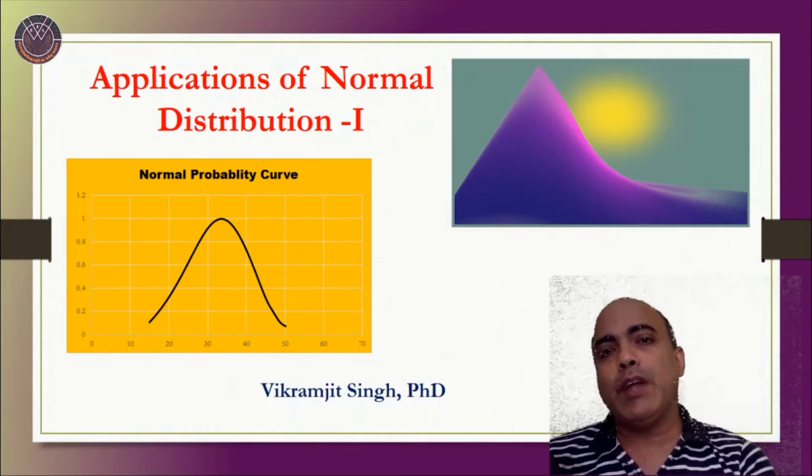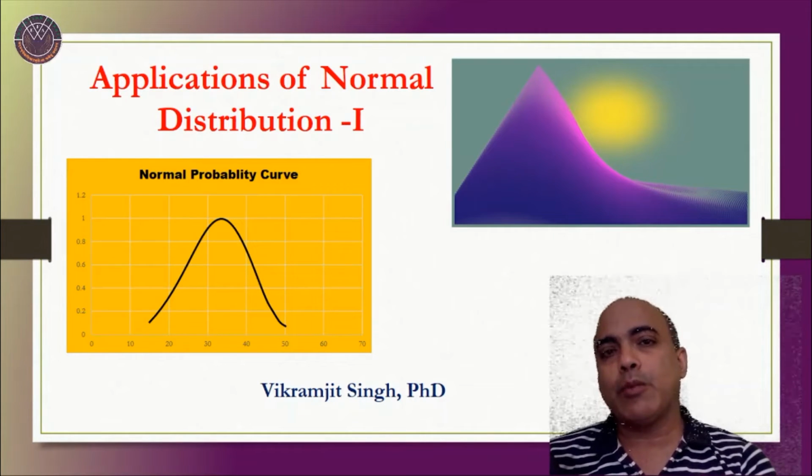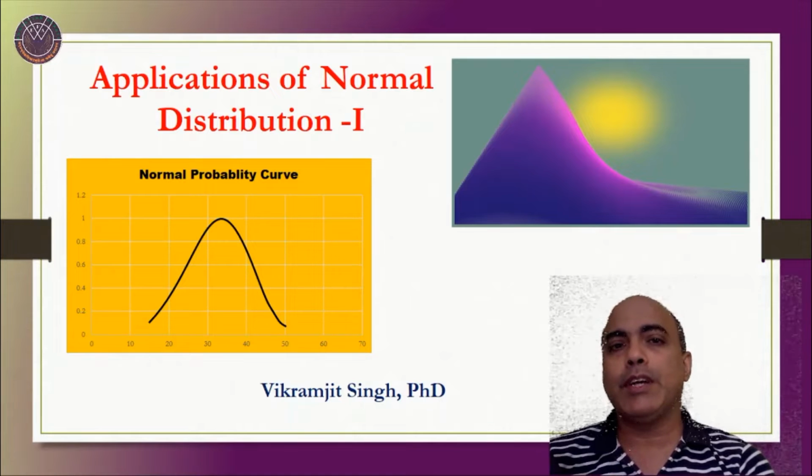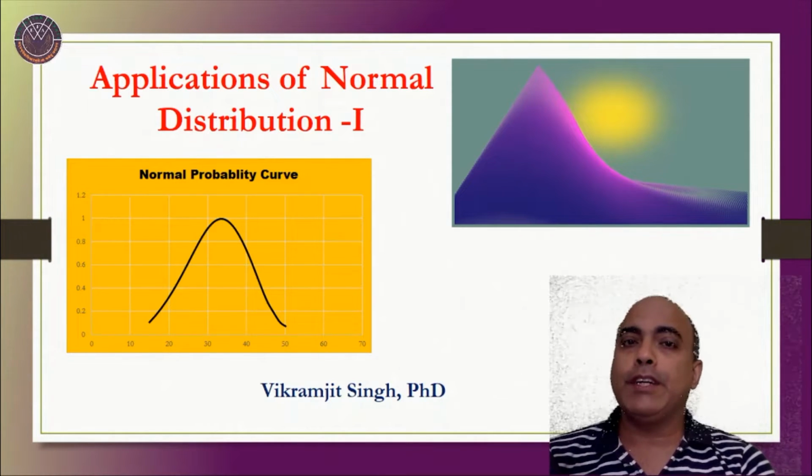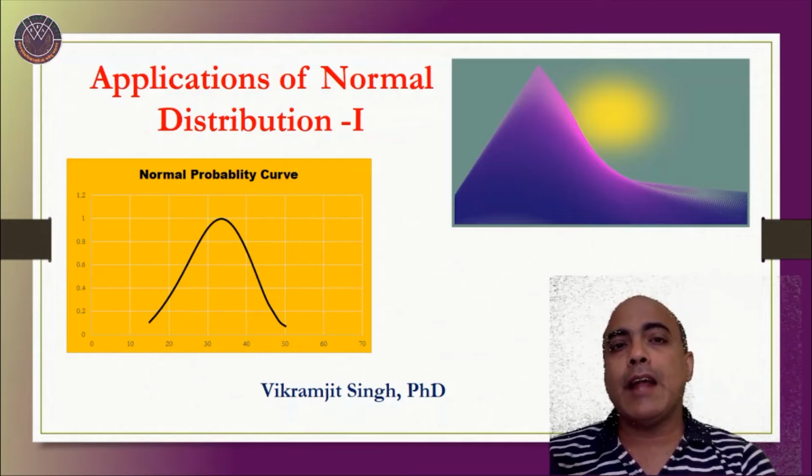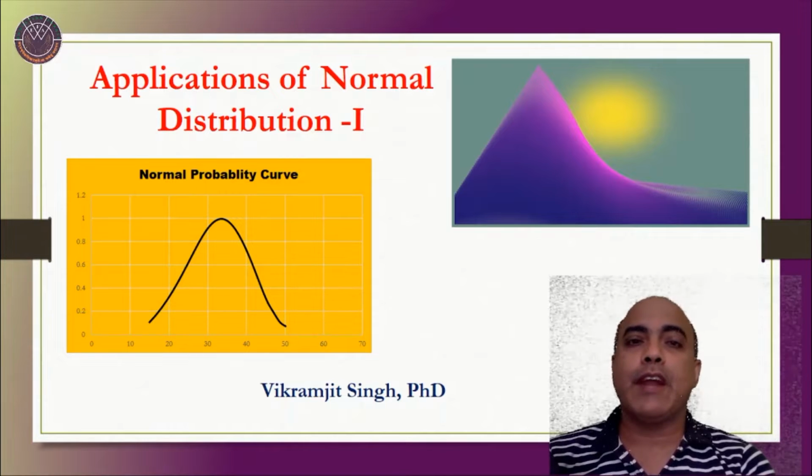So if we understand the characteristics of normal distribution and normal probability curve, we can interpret the tabulated data. We can understand what the data is saying about the sample and the population. We can also use it for different statistical calculations.